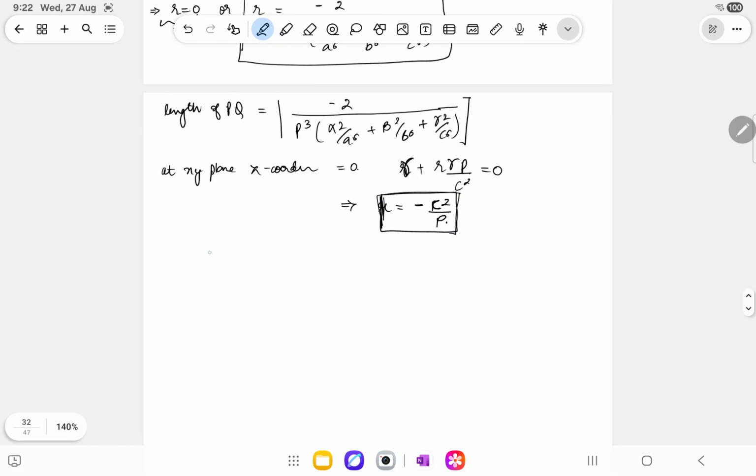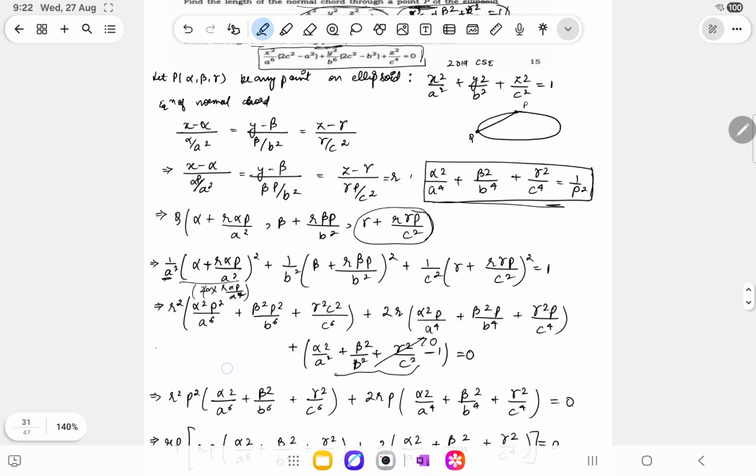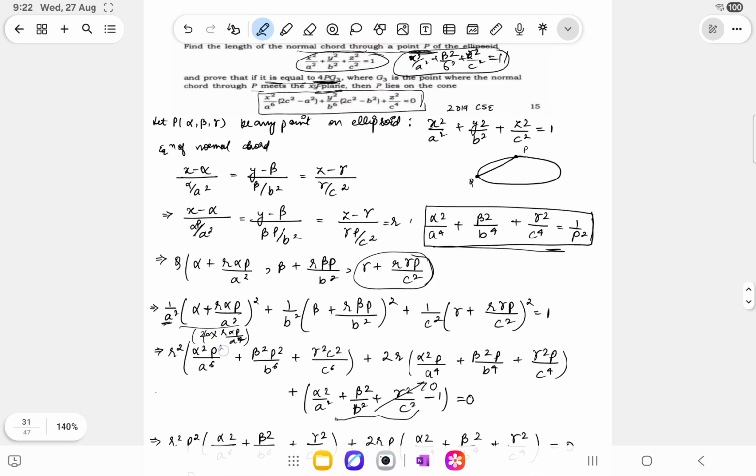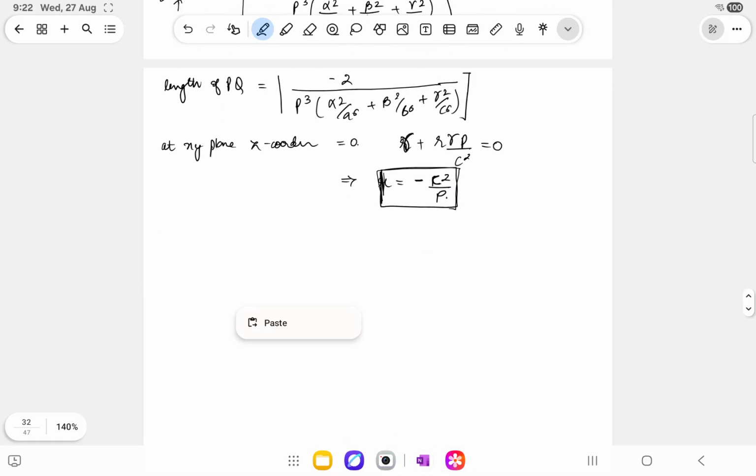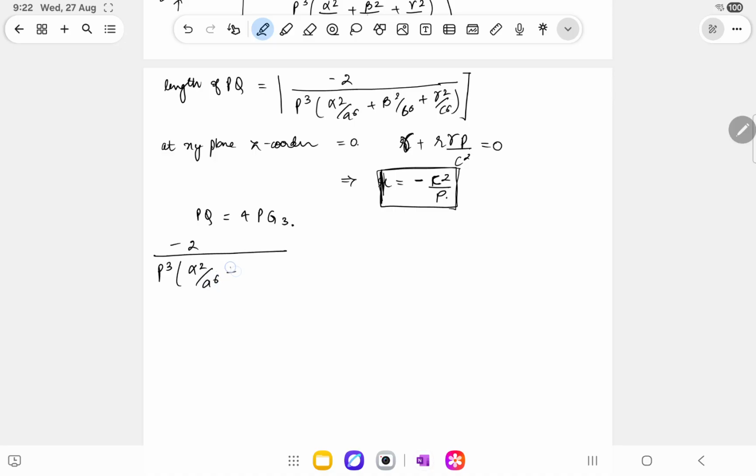So if this is G3, it says that the length PQ is equal to 4 of PG3. So PQ is minus 2 upon p cube into alpha square by a raised 6 plus beta square by b raised 6 plus gamma square by c raised 6 is equal to 4 into PG3, which is minus c square by p.